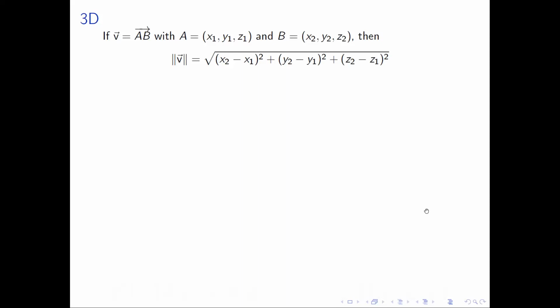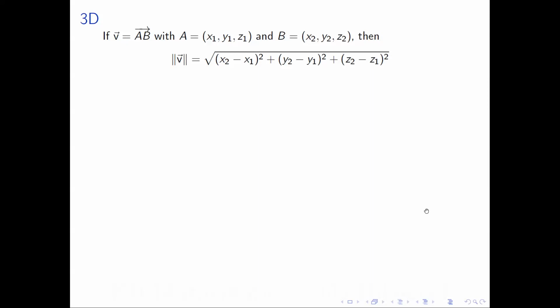So let's talk a little bit more on 3D. Let vector V be the vector from point A to B. A is given by components x1, y1, and z1, and B is given by components x2, y2, and z2. Then remember, again, you want to use the distance formula, but the initial point is not (0, 0, 0).